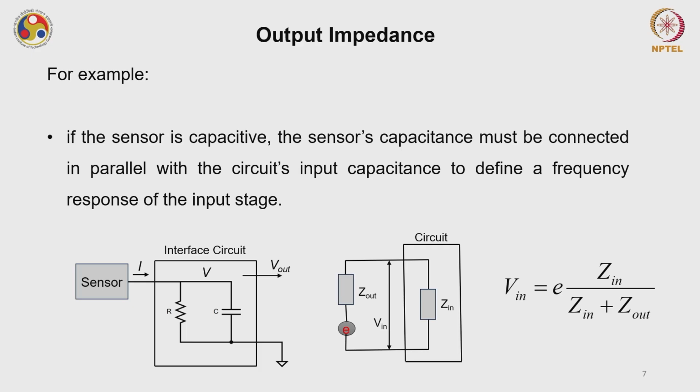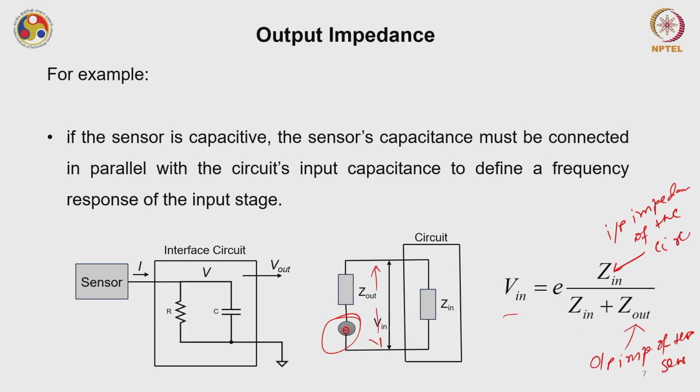In this case, V in can be written as E times Z in by Z in plus Z out, where Z out is the output impedance of the sensor, while Z in is the input impedance of the circuit.